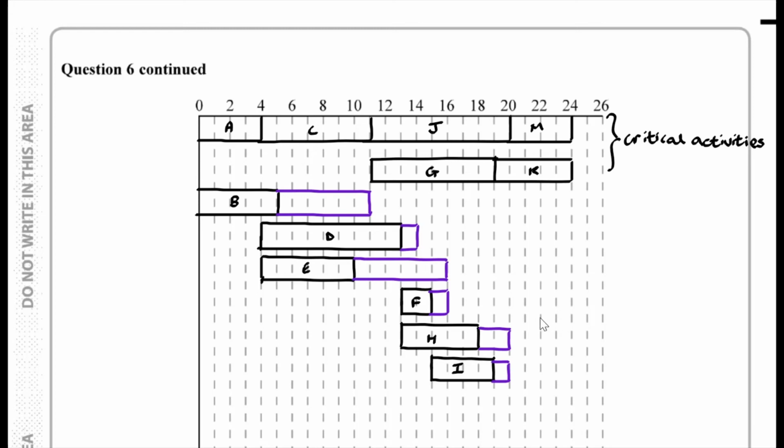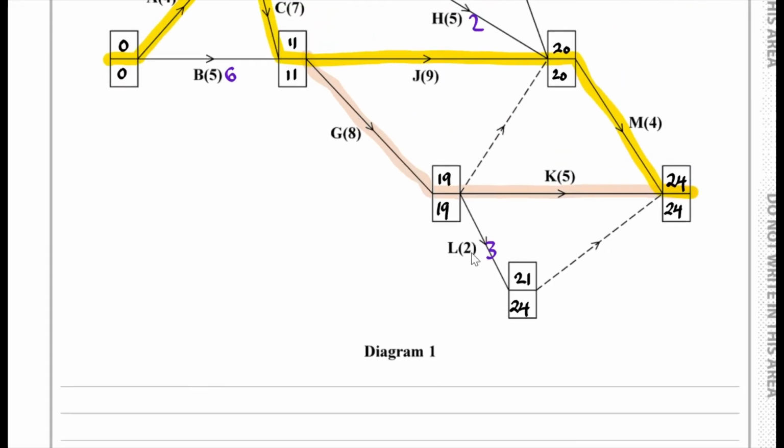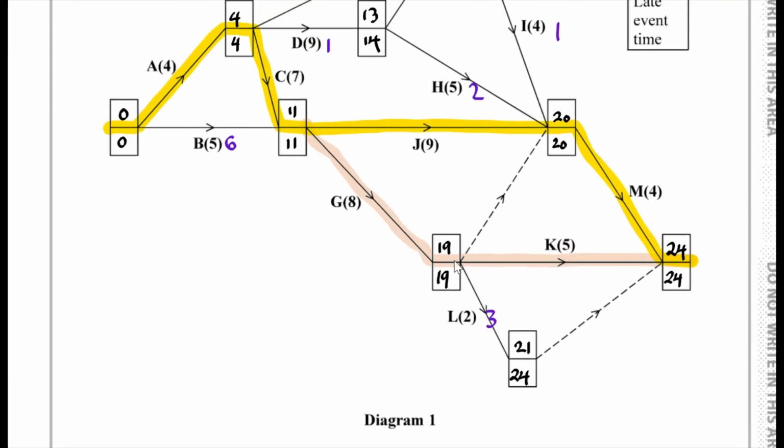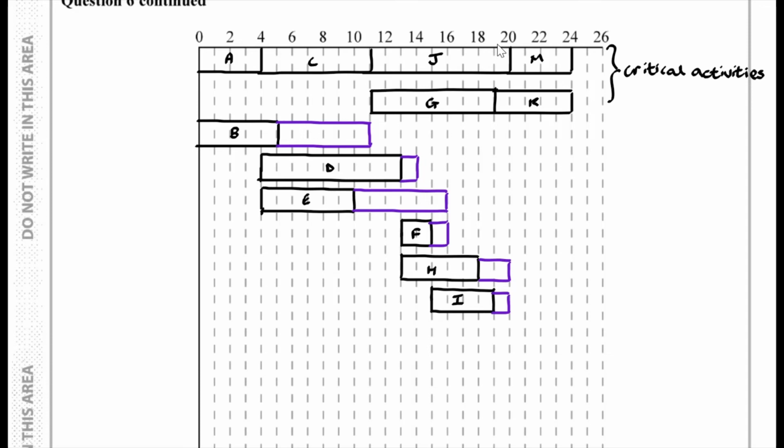And then we have J and K, which are critical, and then we have L. So L has a duration of 2. That's when we're at 19. So 19 is over here somewhere. So L, that has a duration of 2.